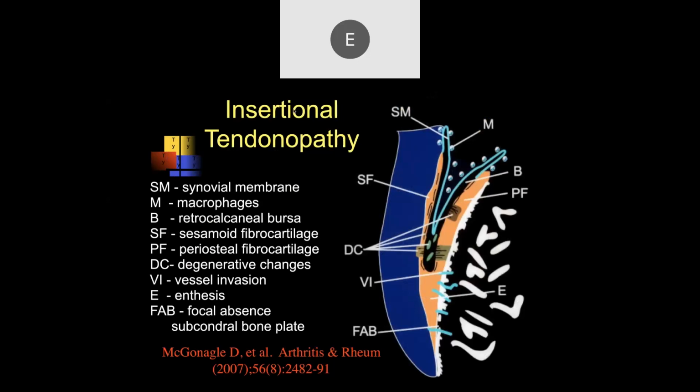So let me talk now, instead of complete tears, about the concept of insertional tendinopathy. Like we've seen in other locations where tendons and ligaments insert onto bone, the histology can be a little bit complicated. Here we can see the bone, the calcaneus, to the right.